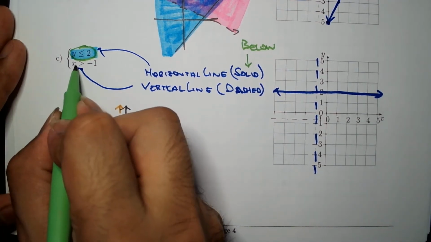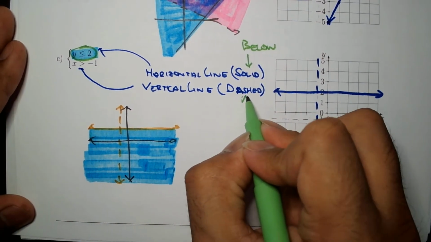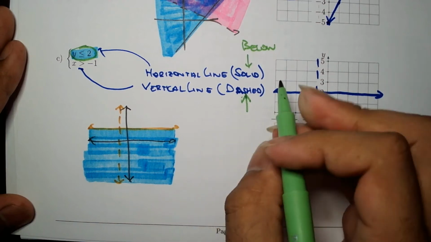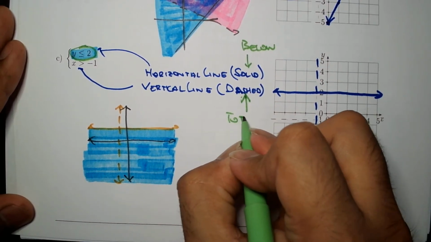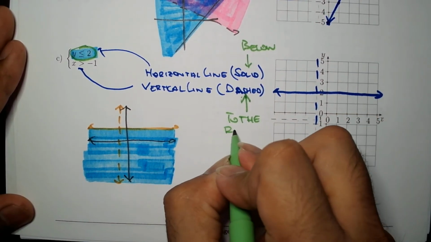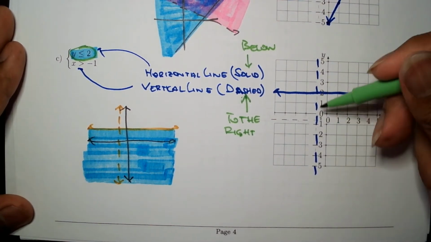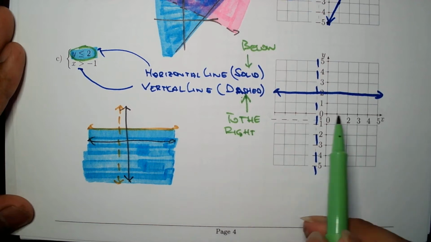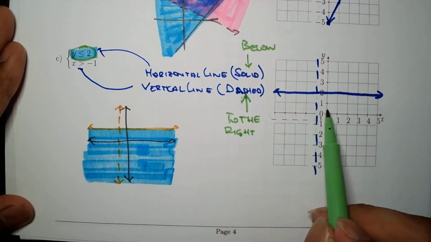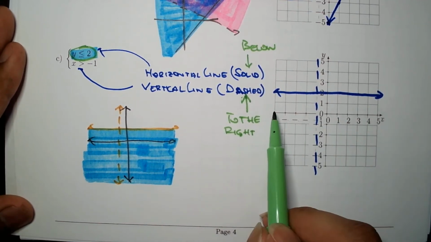And then x greater than -1, that's to the right. Because this dashed line will divide the Cartesian plane into two regions: the one to the right and the one to the left.